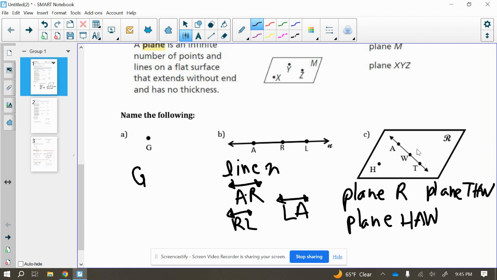Now, the only combination we cannot use, so cannot do any combination with the letters A, W, and T, because these are all on a straight line. We call that collinear, so that would not work. You have to use basically H, A, and W, or maybe H, W, T, T, A, W, or T, A, H. Again, cannot use those 3.